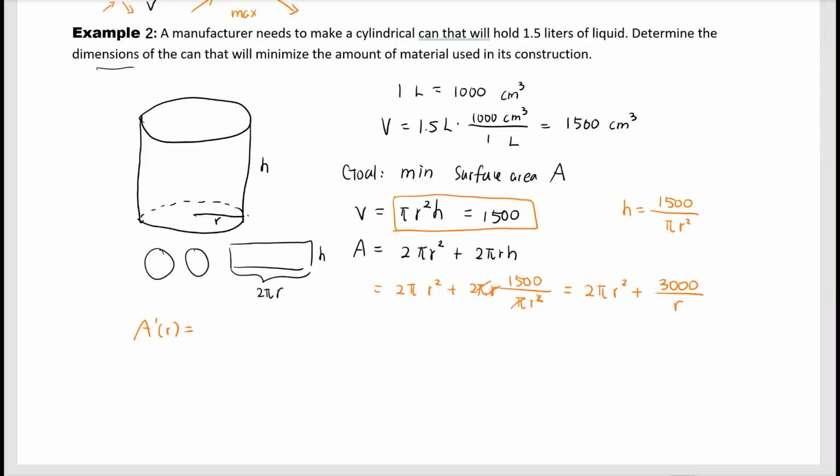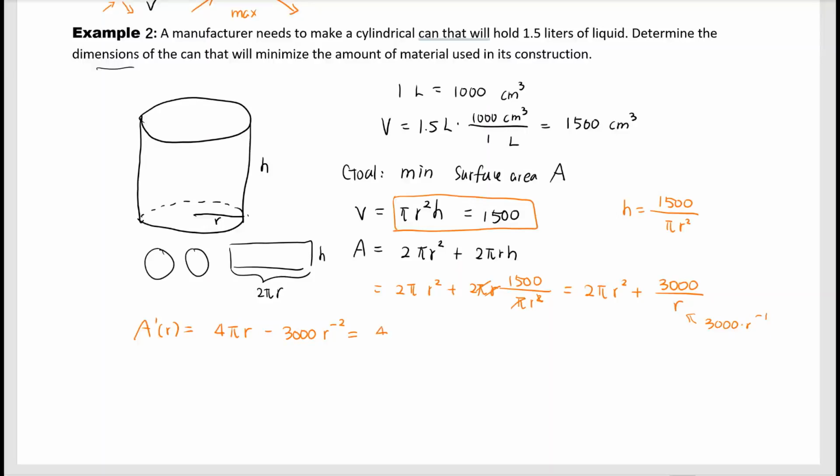The derivative of 2 pi r squared is 2 pi times 2, so 4 pi r. Okay, this guy is like 3000 times r to the negative 1. The derivative of that is negative 3000 r to the negative 2.